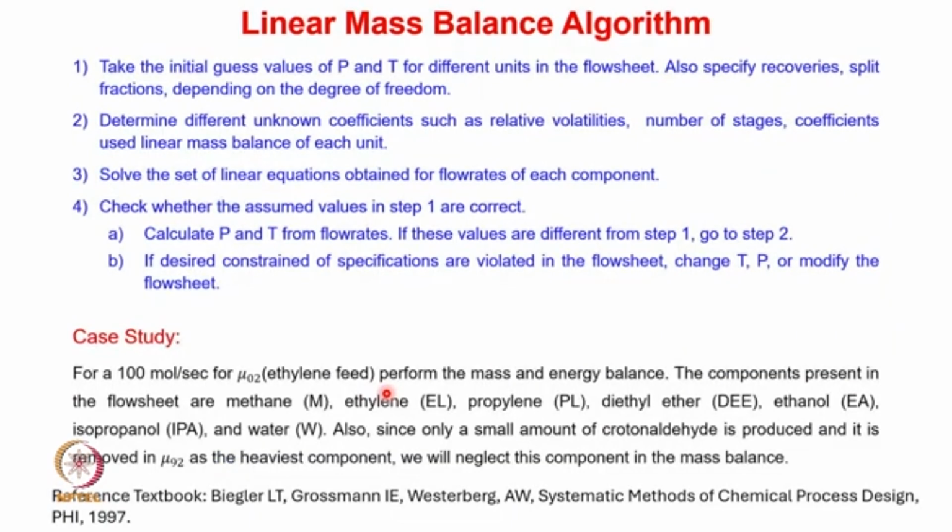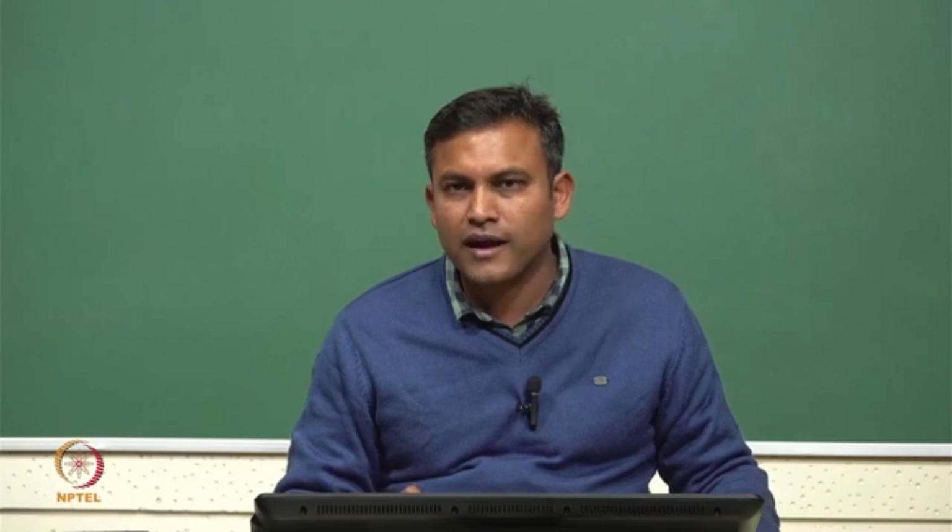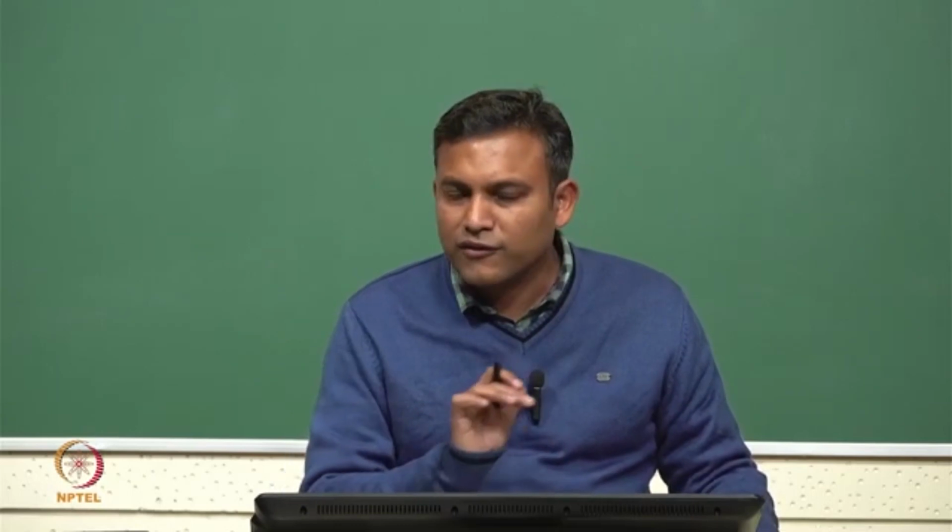So if you look at the different units, the splitter unit, the reactor unit, the distillation unit, the absorption unit and the stripper unit, in these different units there are different degrees of freedom involved.